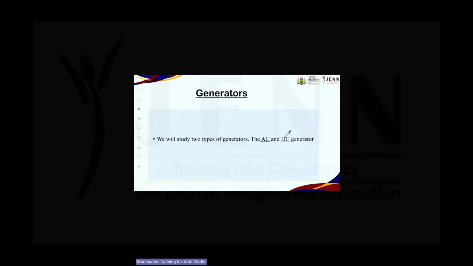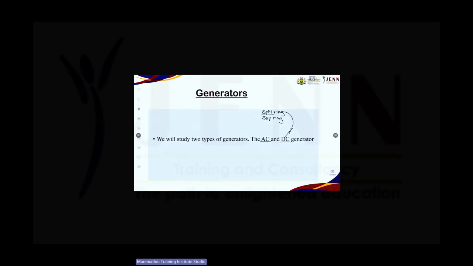Can you remember the two types of rings that we have? We have a split ring, and the other one is a slip ring. Now, the split ring: can you remember, if people get divorced, then they split up.